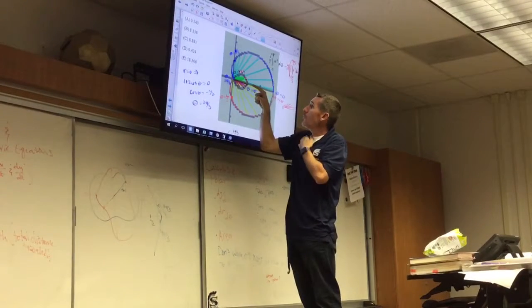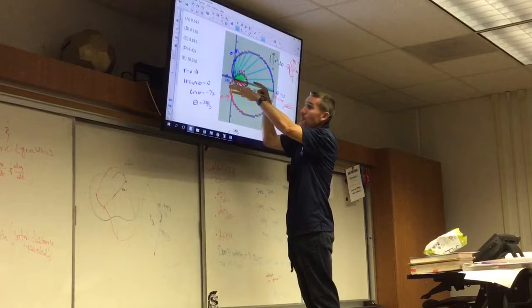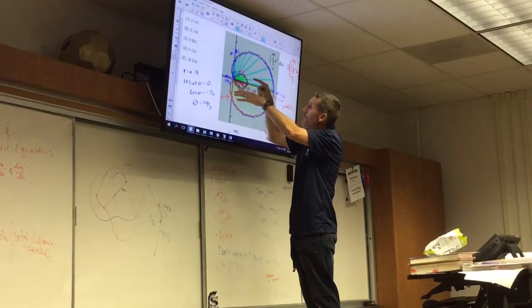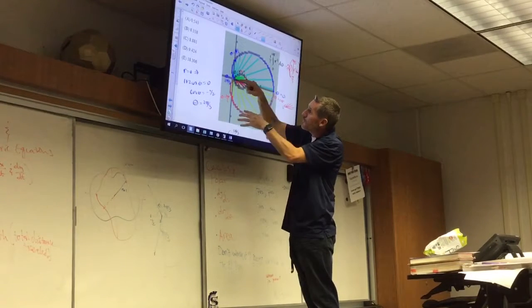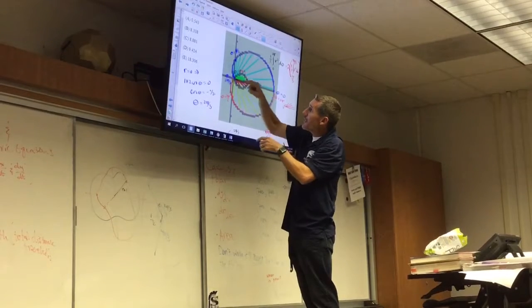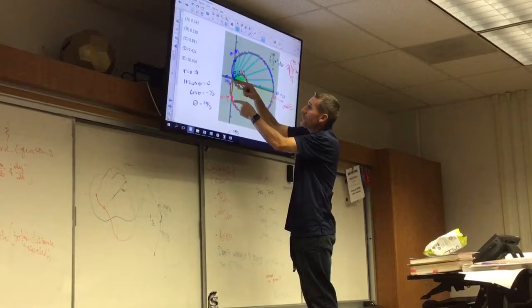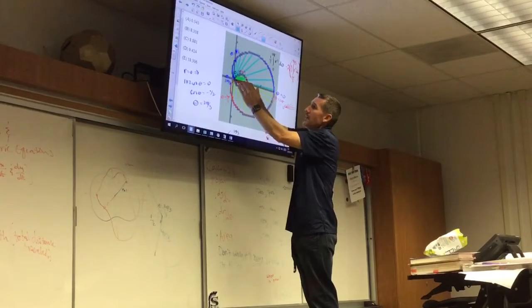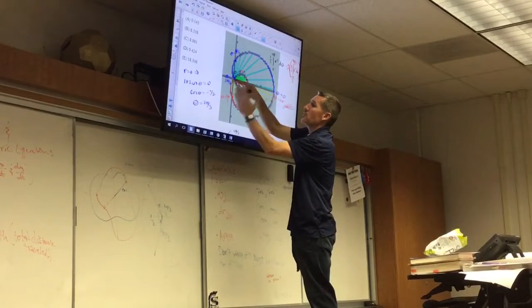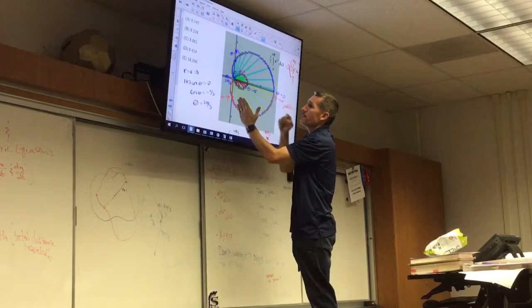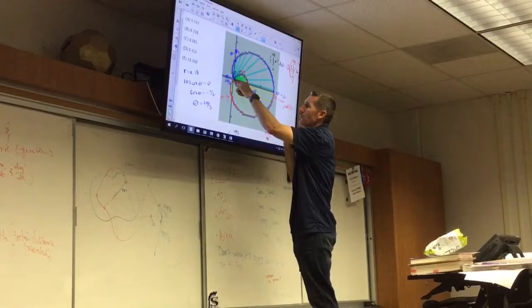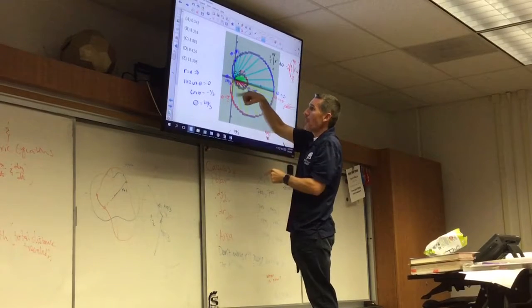And then, as theta is in the 3rd quadrant, your r values are still negative until you get to 2 pi over 3. Then your r value is 0 again. And then this little portion of it is when your theta values are from 2 pi over 3 to 3 pi halves. You're going around, and your r values are positive there.